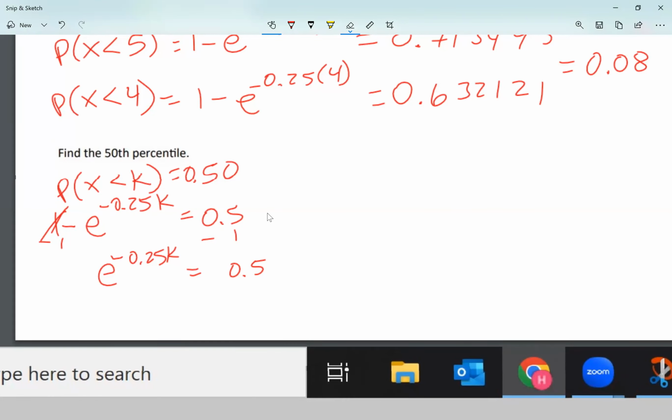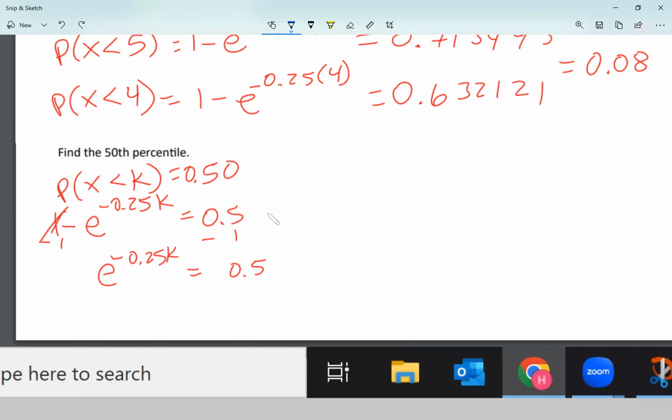Now, how can I bring the exponent down? It would be nice if I could bring it down and get rid of e. You should remember, back in Algebra 2, you learned how to bring exponents down.